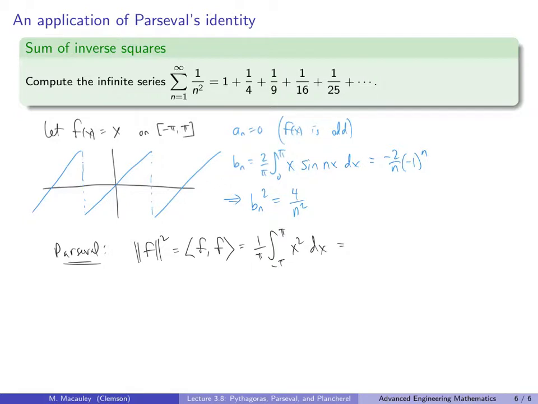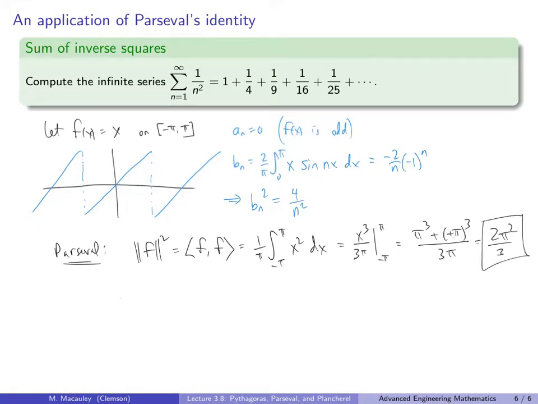Let's just quickly compute that. That's x cubed over 3 pi from negative pi to pi. And so that's pi cubed minus negative pi cubed over 3 pi, which makes it a plus, and we have 2 pi squared over 3.